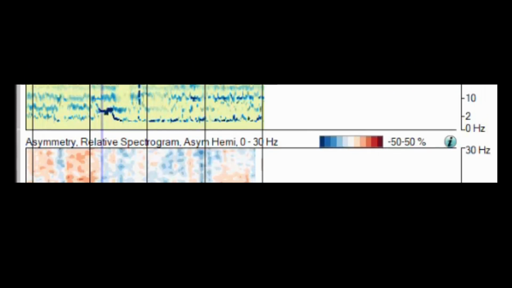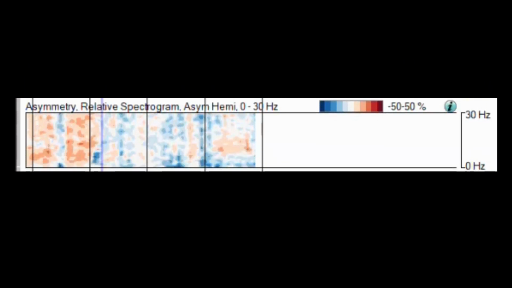Within the asymmetry spectrogram, this is showing you again the x-axis is simply time, while the y-axis is once again, as with the previous two trends, just showing you the spectrum of frequencies that you would expect to record with surface EEG. So that's anywhere from 1 hertz to 30 hertz.